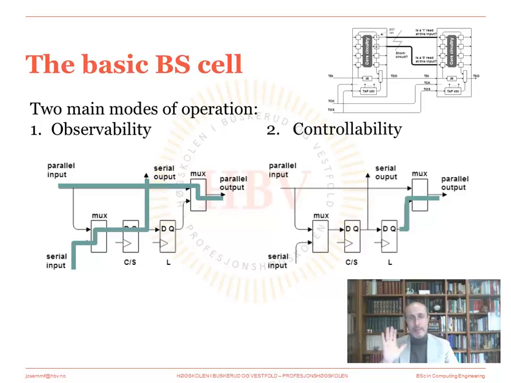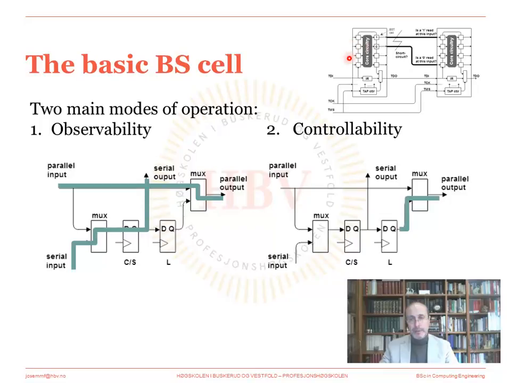Now, the other operating mode is the so-called controllability mode. And in this mode, the output multiplexer isolates the core circuitry from the pins. As you can see here, the output of the cell no longer comes from its parallel input.